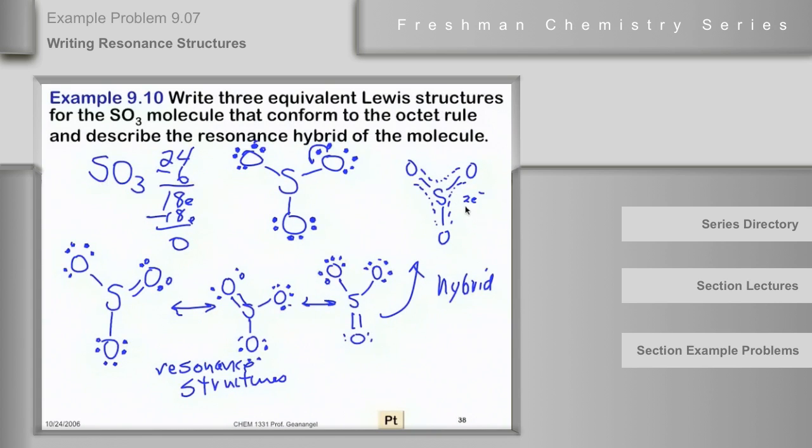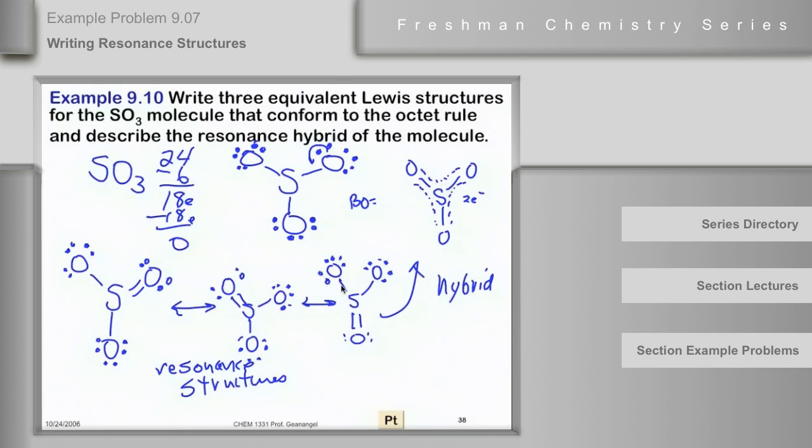Then what's the bond order? How many pairs of electrons involved in the bonding? How many? One? Okay, let's work it out. Let's count. We can use any one of these resonance forms to do it.